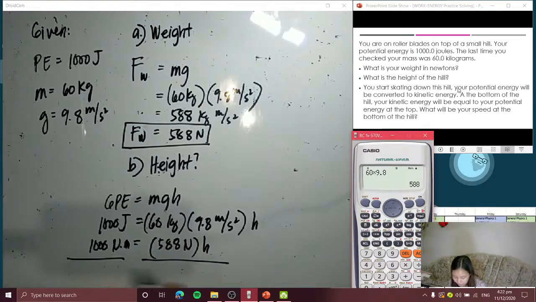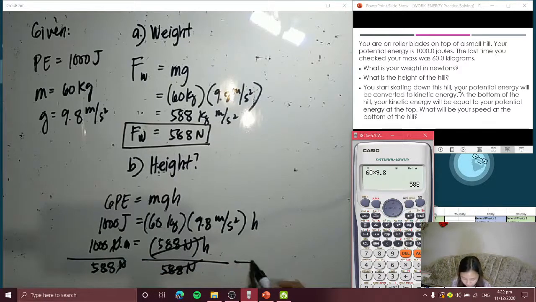Divide both sides by 588 newtons. Cancel the units. Okay. So, what will happen? Our height here, the variable rather, is 1,000 divided by 588.